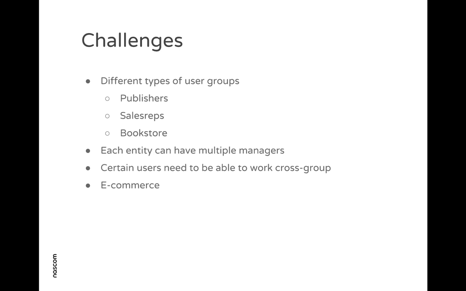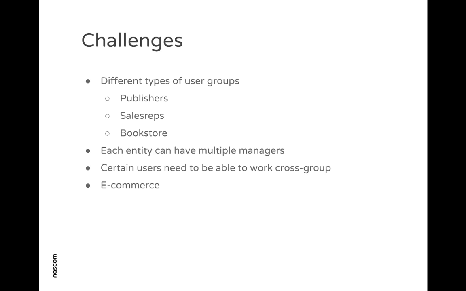Our challenges here are that we have 3 different kinds of groups within our site. We have the publishers, the sales reps, and the bookstores. All these groups are actually companies, and each company can have multiple users.